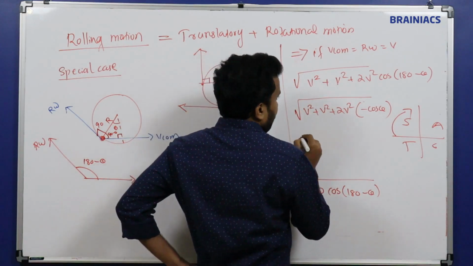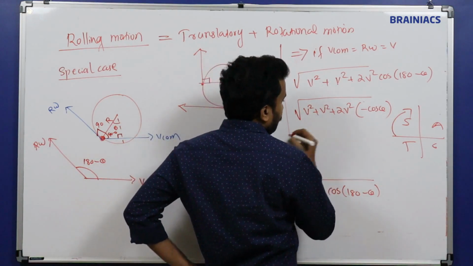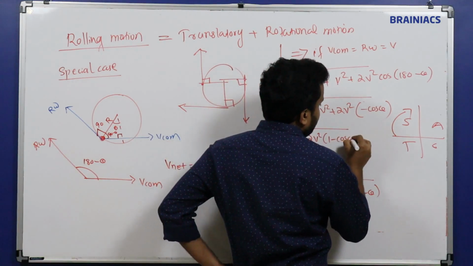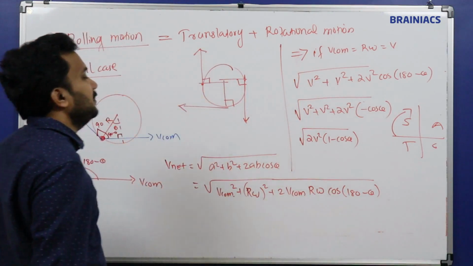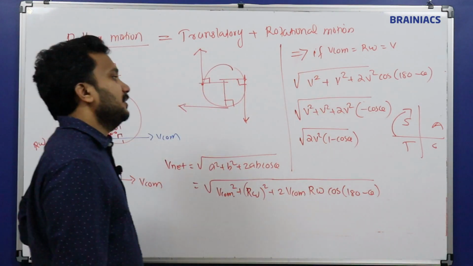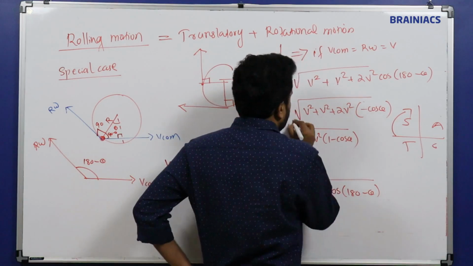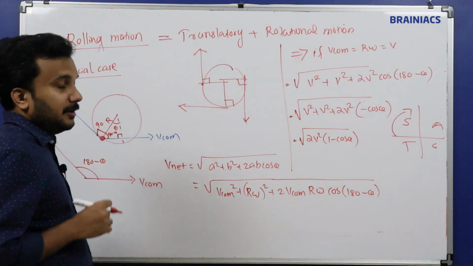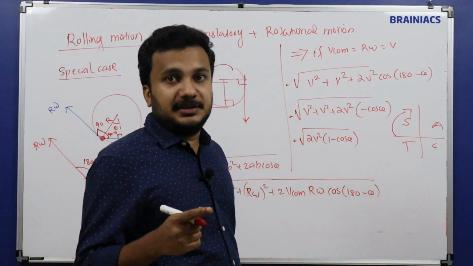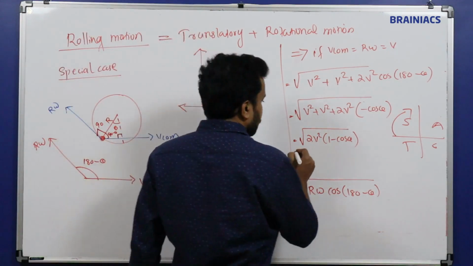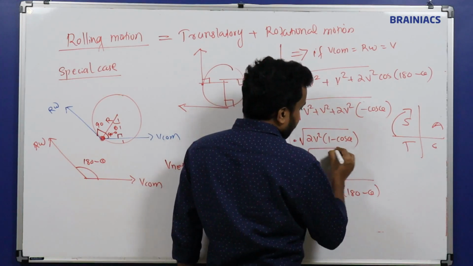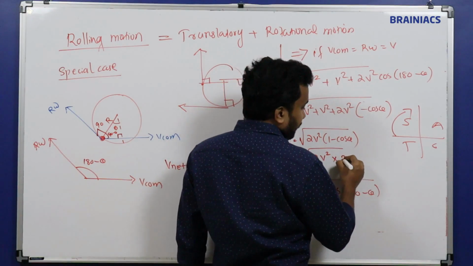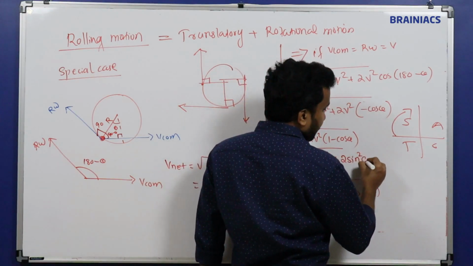So what can we do? Take 2V square outside: root of 2V square into 1 minus cos theta. What is the trigonometric formula for 1 minus cos theta? 1 minus cos 2 theta is 2 sin square theta. So this becomes root of 2V square into 2 sin square theta by 2.